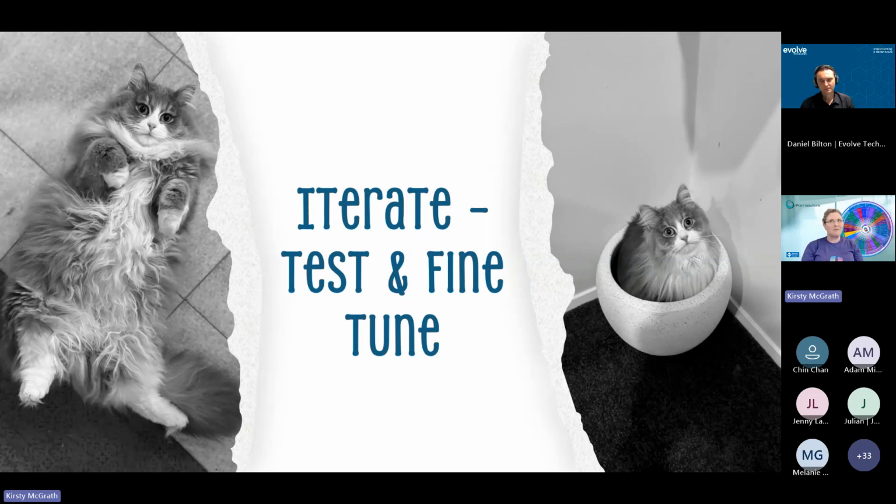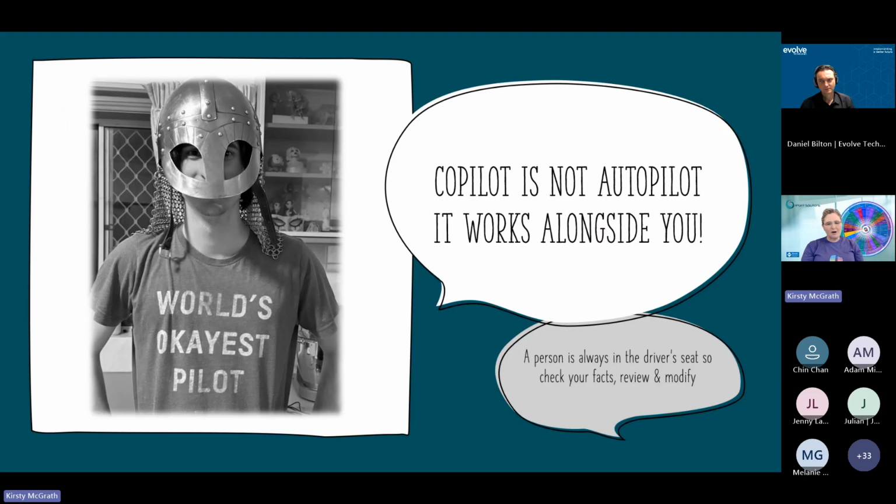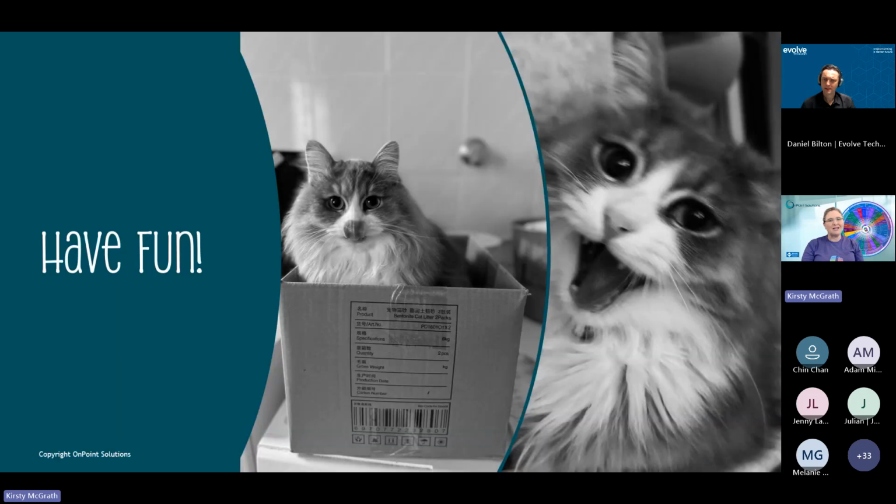Maybe I need to fix my prompt. It is not autopilot, it is Copilot. It's there to work alongside you. You need to be in the driver's seat. You need to actually read, double check the references and where it's actually drawn from. But mostly go and have a bit of fun because there's certainly plenty that you can do in this environment.